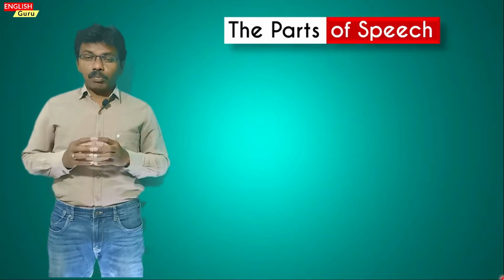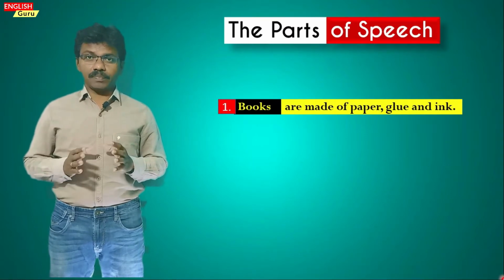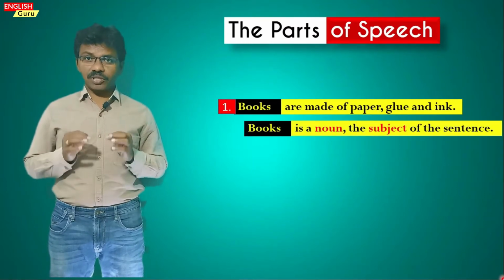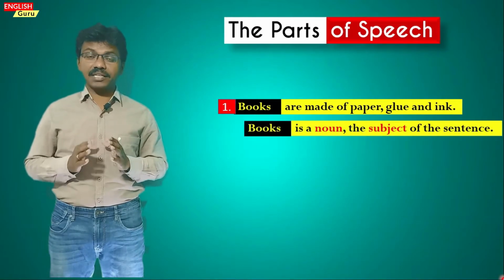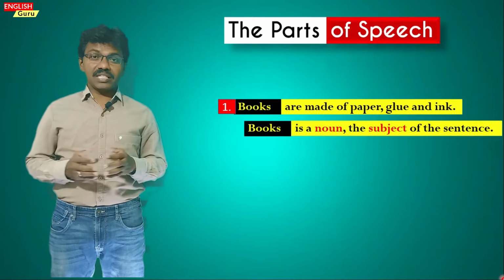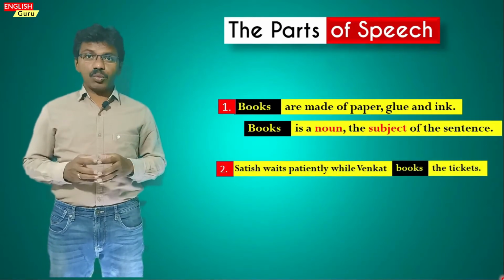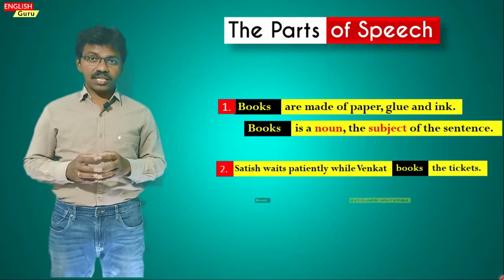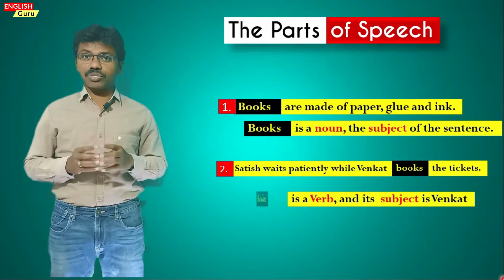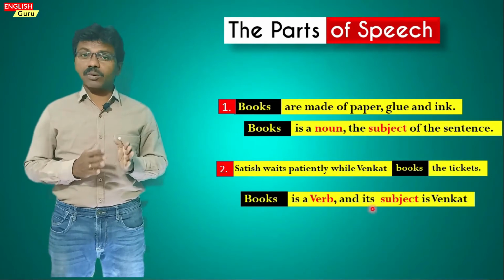For example, books are made up of paper, glue and gum. In this particular sentence, the word books is used as the subject of the sentence and it is a noun. And if you take the next sentence, Satish waits patiently while Venkat books the tickets. In this sentence, the word books is used as the verb, and it is the verb to the subject Venkat.